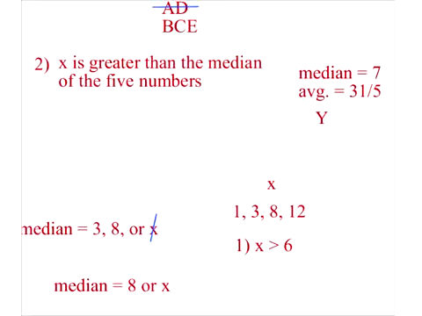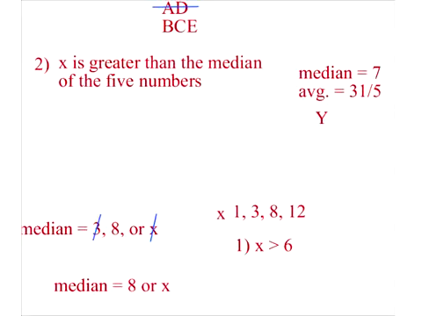There's no way that 3 could be the median, just like statement 1, because the only way 3 was going to be the median is if x was less than 3.